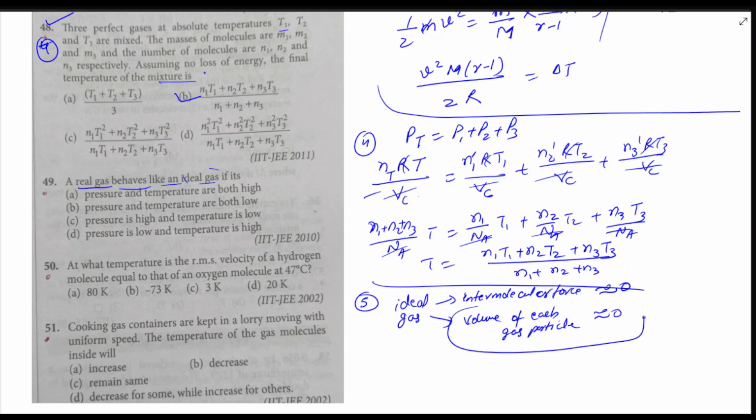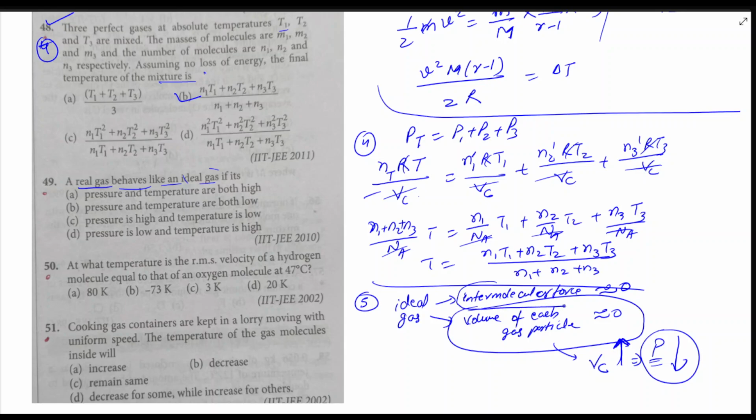How will it be zero? If the volume of the container is very large, right? And how will that happen if the pressure is low? And the second thing that will happen with low pressure is that the molecules will be really far apart.